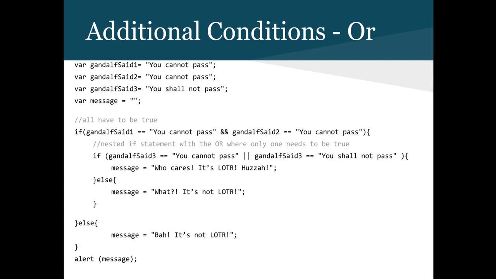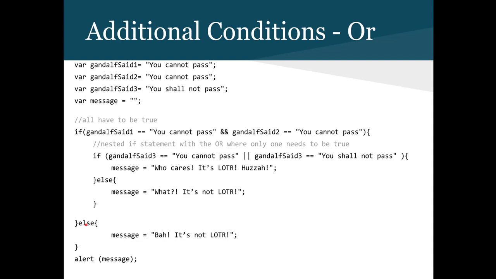If it's not true, then we know we could skip all the way down. So let me go back here. So if Gandalf said 1, you cannot pass, and Gandalf said 2, you cannot pass. See this larger set here, alert, this larger else, see how it lines up with this if.